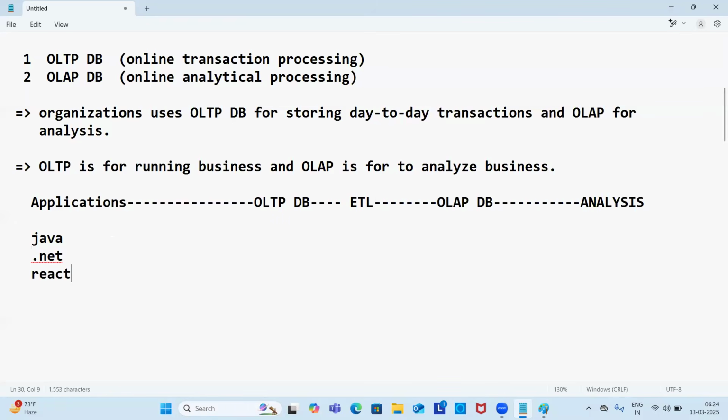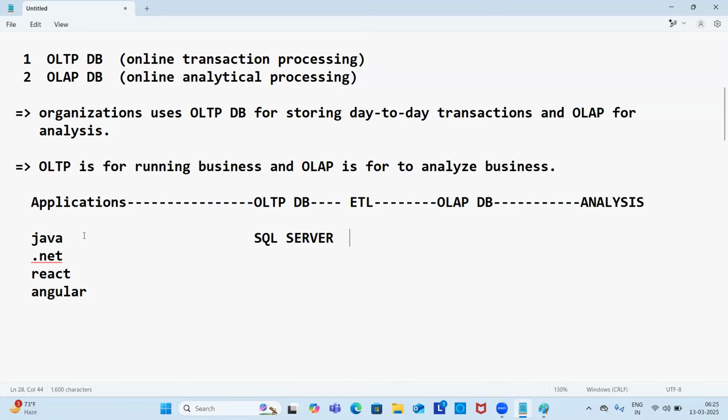You develop the applications using these technologies. Next, how is this database maintained? By using a technology, SQL Server.